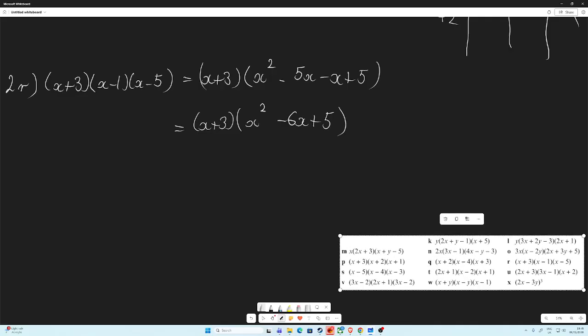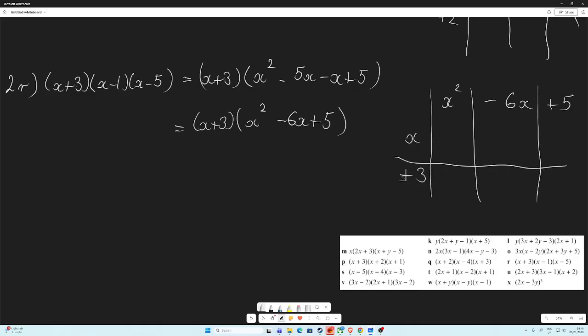So x squared minus 6x plus 5 times x plus 3. Remember to put the signs. So we have x cubed minus 6x squared plus 5x plus 3x squared minus 18x plus 15.